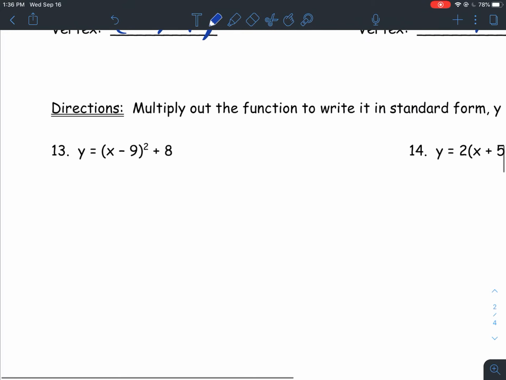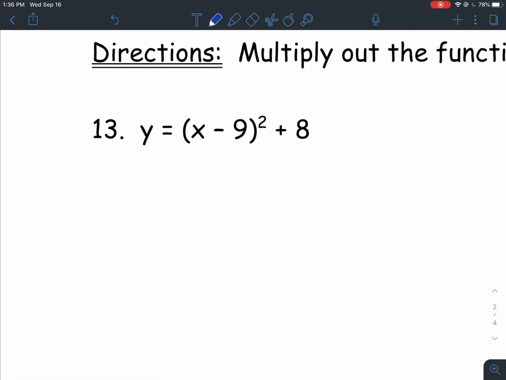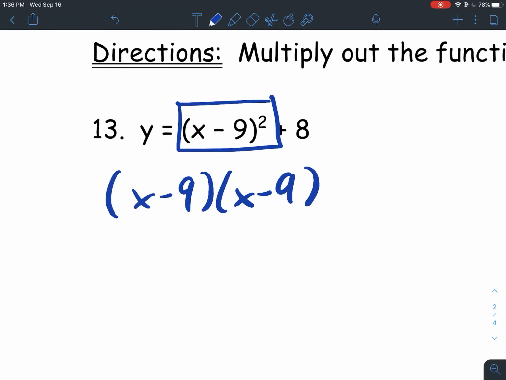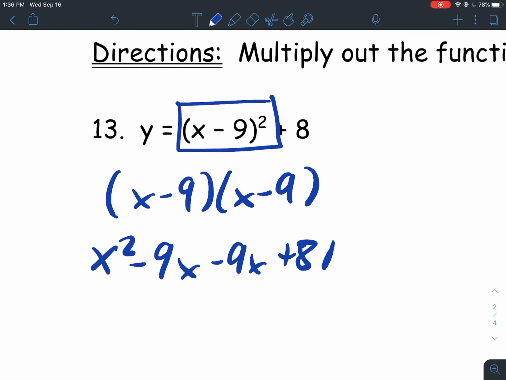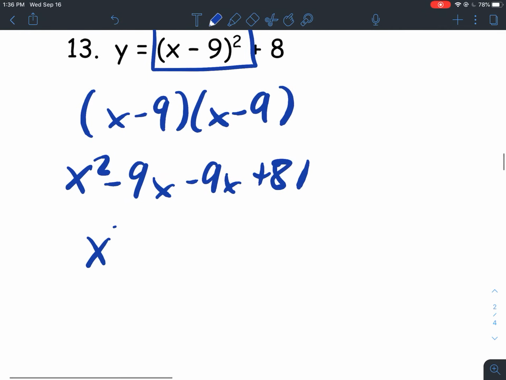All right, so then we have multiply out the function to write it in standard form. So we went over one like this when we went over the extra credit from the quiz. We have to FOIL this guy out. So we get (x minus 9) times (x minus 9). x squared minus 9x minus 9x plus 81. We'll combine like terms.